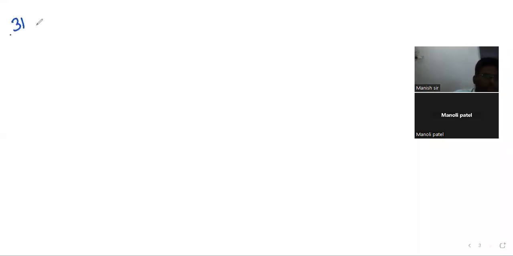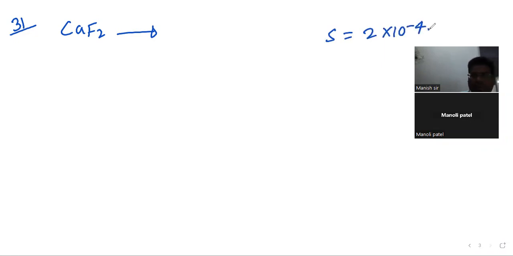Next one is 31. Solubility of a saturated solution of calcium fluoride. Calcium fluoride is CaF2. Its solubility S is given as 2 × 10^-4 mole per liter. It dissociates into Ca2+ and 2F-, so it will be S and 2S.